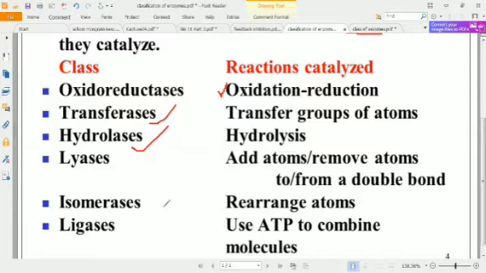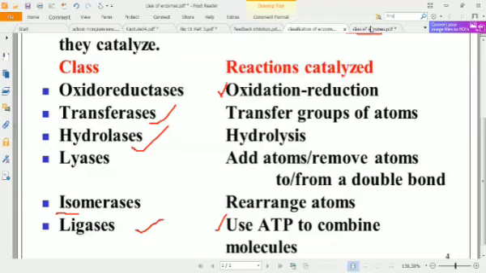Isomerases rearrange the atoms and form the same molecular formula. They can change one molecule to another form. Iso means same. Ligases join or combine molecules to make polymers, and they use ATP in that.